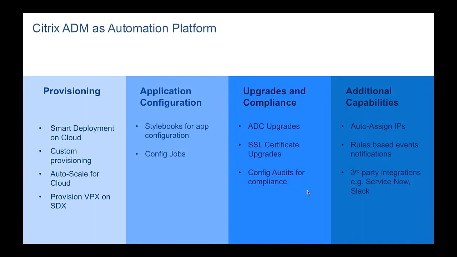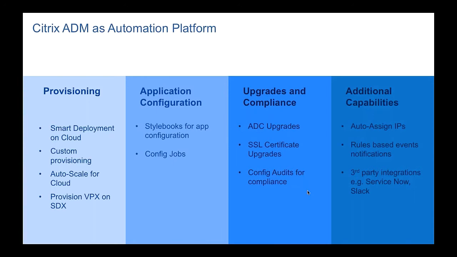So some of these capabilities are around provisioning, configuring applications, upgrades, and integrations. Under provisioning, we provide you with a smart deployment feature using which you can just give basic parameter values and it can set up required cloud infrastructure and deploy VPX for you in AWS or Azure.